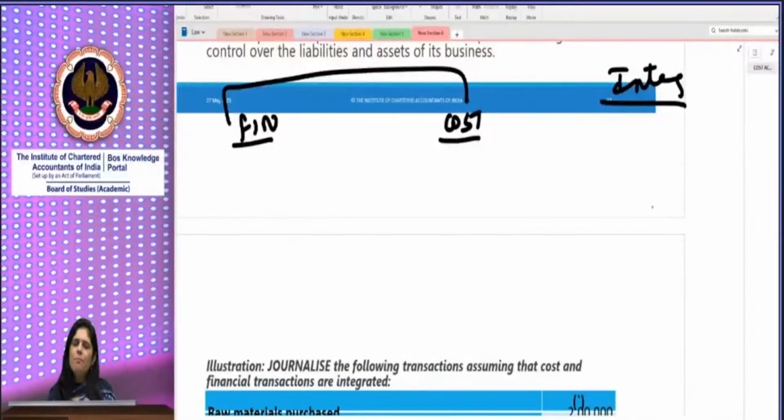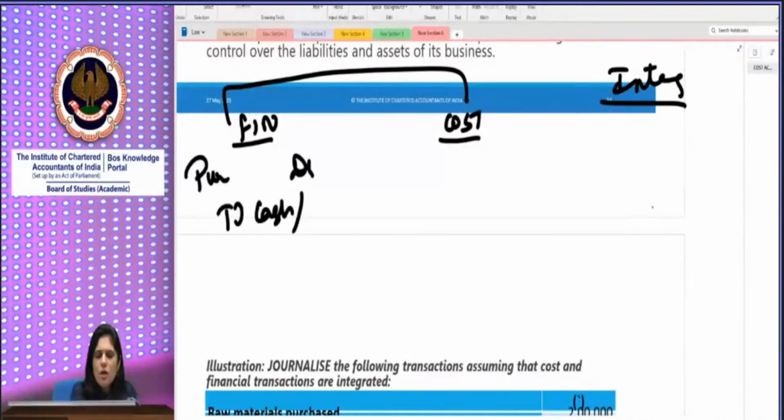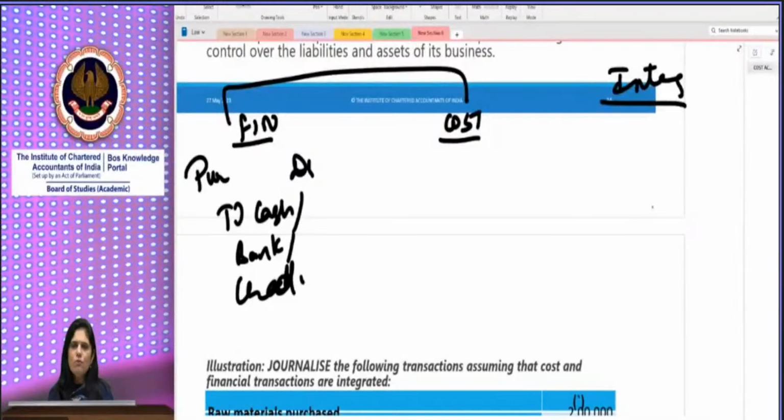We pass purchases account or goods account, whatever, debit to cash or bank or vendor. In financial account, when we purchase material, we pass purchases account debit, or material account debit, to cash or bank or creditor.